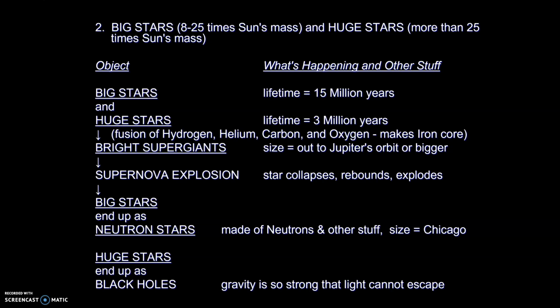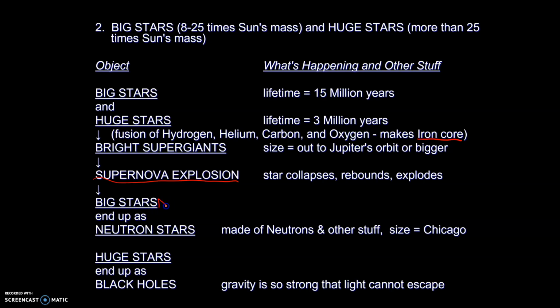For our big and our huge stars, the lifetime for our big stars is about 15 million years, where the lifetime for our huge stars is about 3 million. We're going to see fusion of hydrogen, helium, carbon, and oxygen, ultimately resulting in this iron core. Then we're going to see a bright supergiant, as large as our sun going out to Jupiter's orbit or bigger. We're going to see this supernova explosion. Our star is going to collapse, rebound, and then explode.